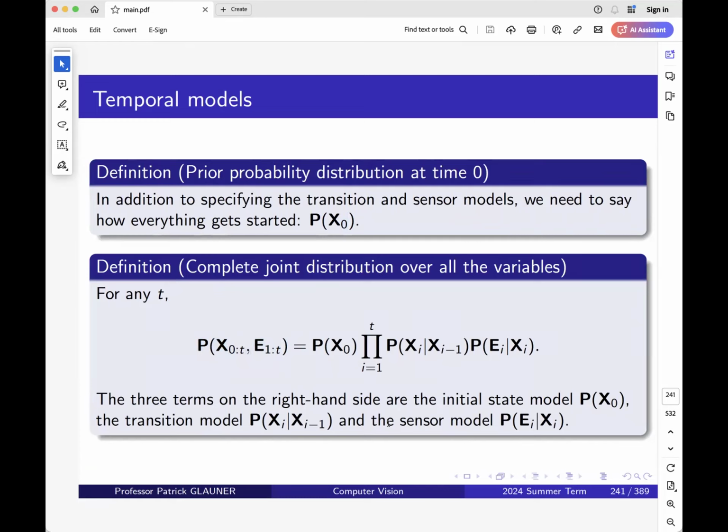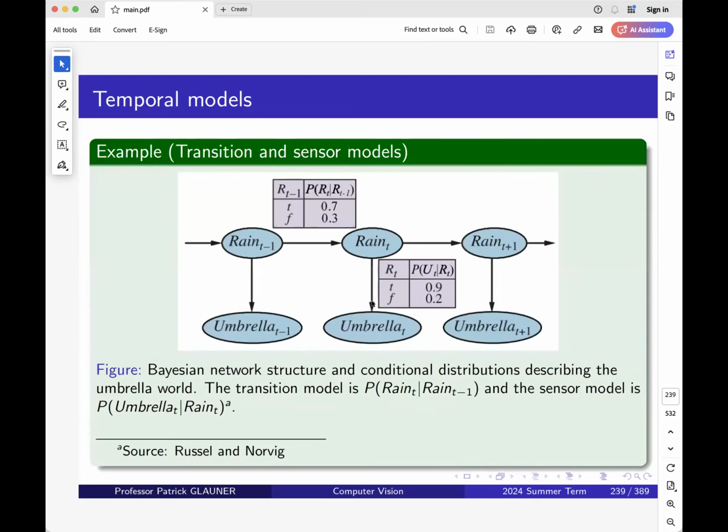And what is actually the complete joint distribution over all the variables given that graphical model? Well, we start with P of x0, which would be in this model just here to the left. It would start somewhere, and then it would transition from 0 into 1, from 1 into 2, and so forth.